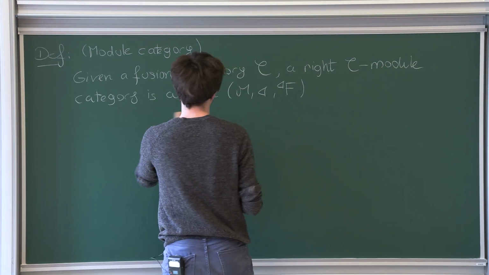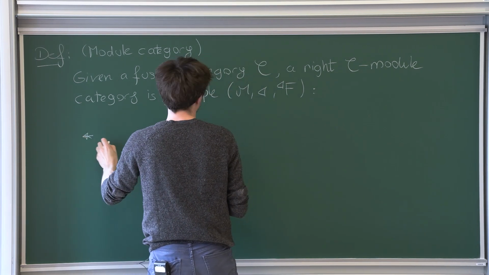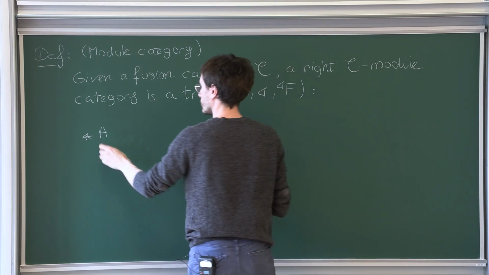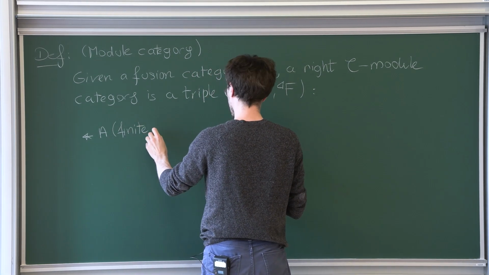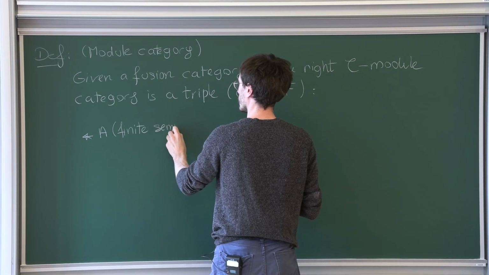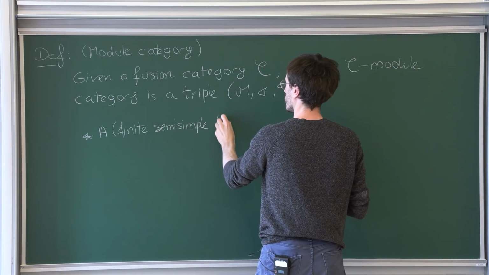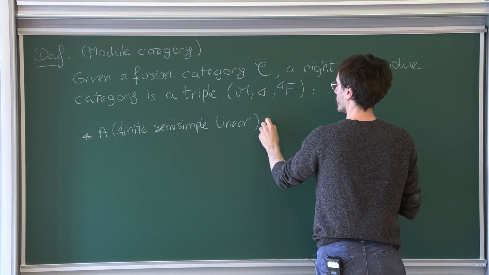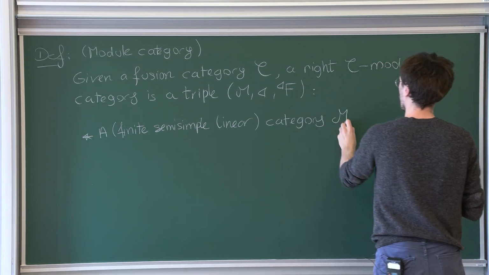First of all, we have a category that is nice, nice in the same sense as fusion categories are nice. I'm just going to put the adjectives here, but we won't worry too much about this. So we need this category to be finite, semisimple, and linear. It's just so that everything behaves nicely. Basically it's a category M.